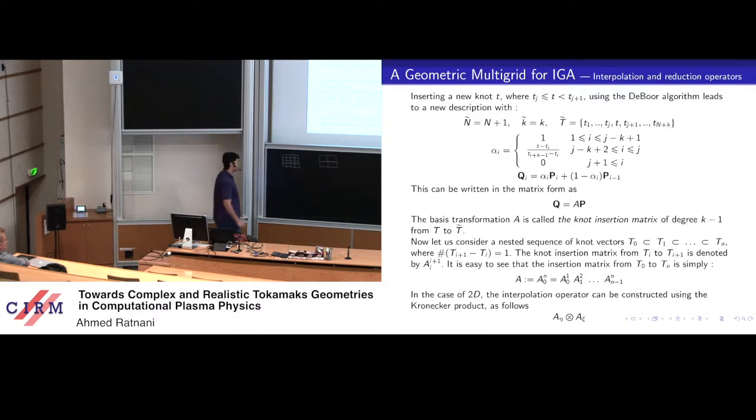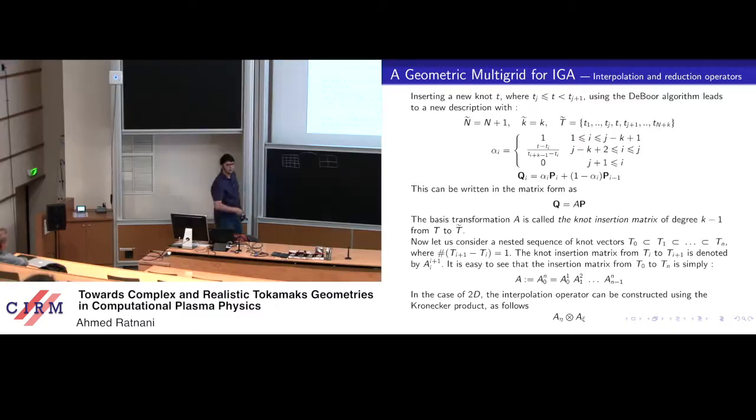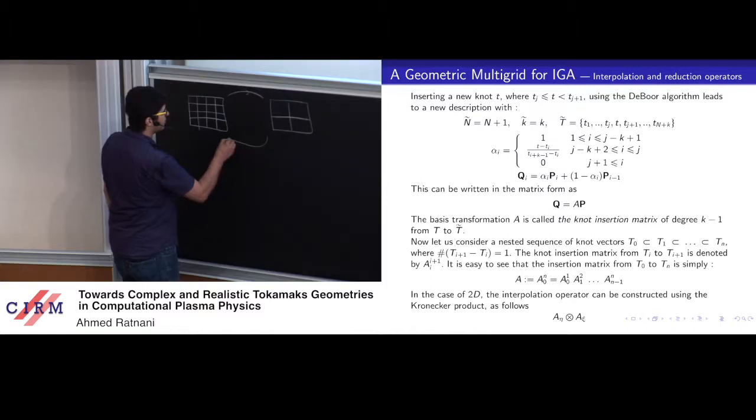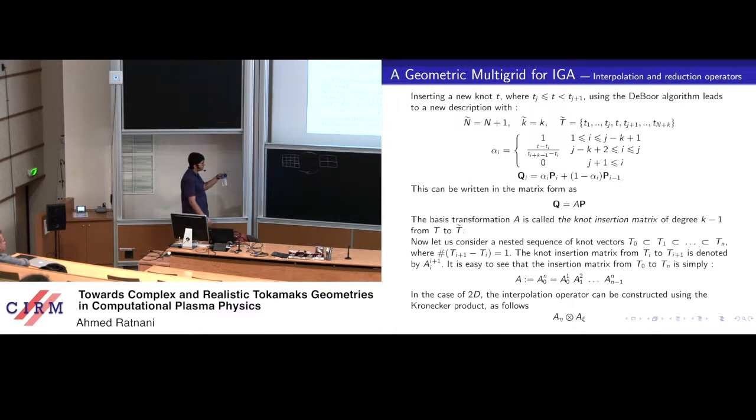We get the error. We send it to a coarse grid. Then we repeat the same thing, and we get again the solution, the error here, and we continue. So this is a V cycle.